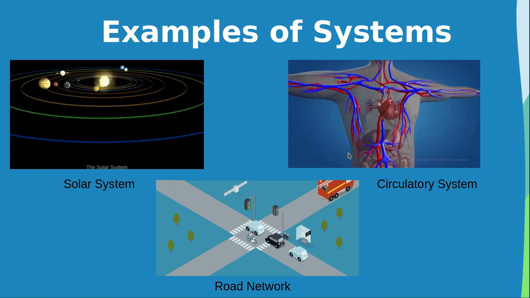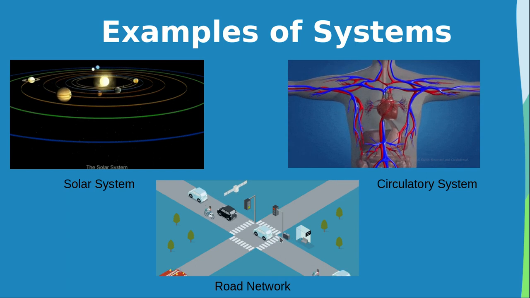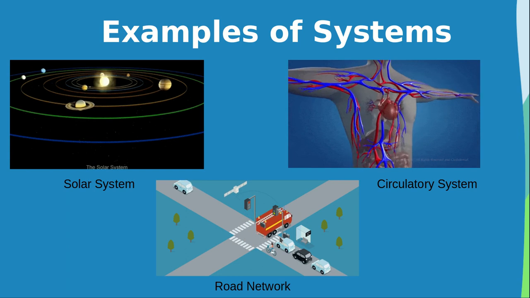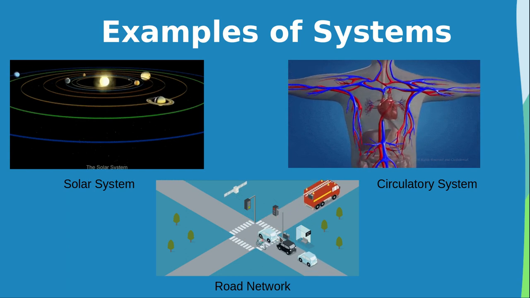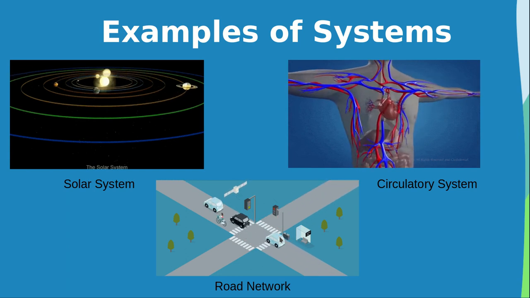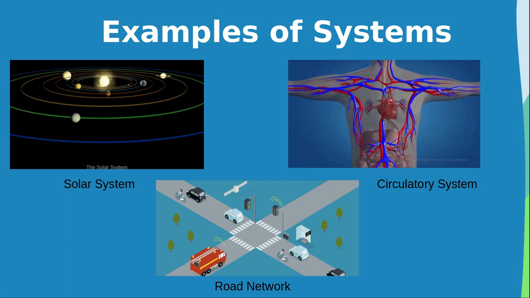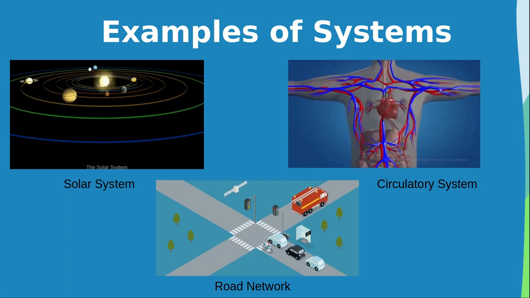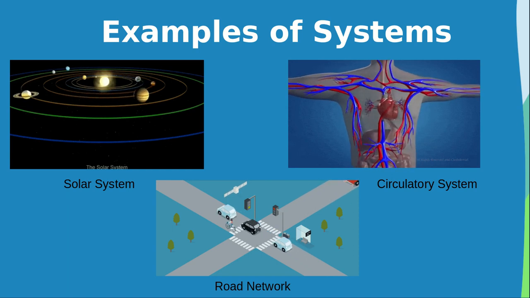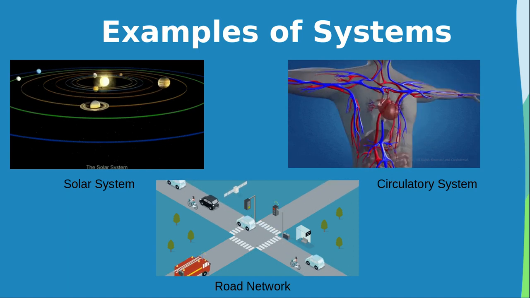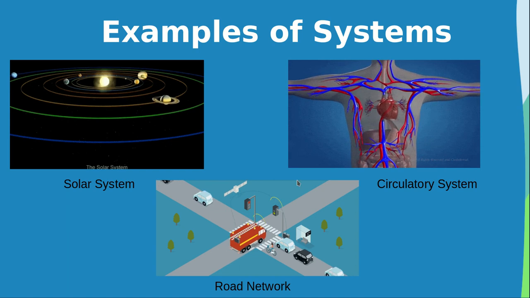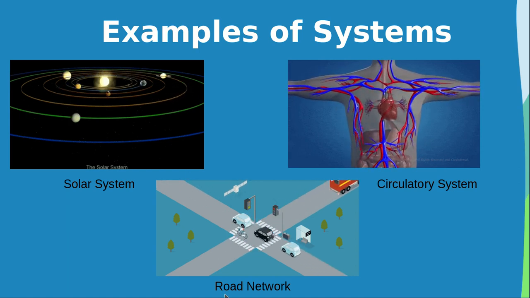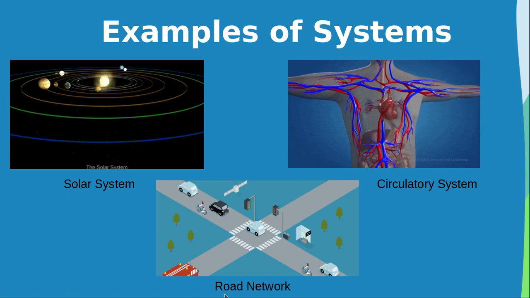Down here below, you can see a depiction of a road network system where you can see several types of vehicles. You can see the roads themselves, traffic lights, pedestrians, cyclists, and so on and so forth. So okay, you can see that what these three systems share in common is that they are comprised of components or parts that work together for a given purpose.